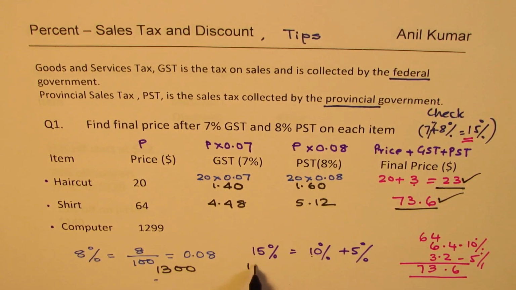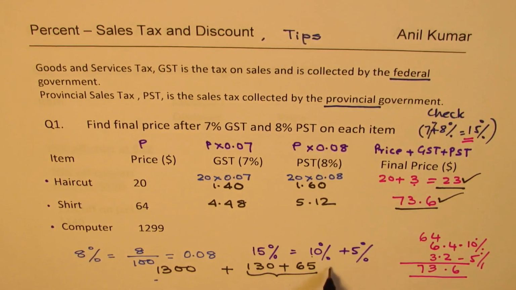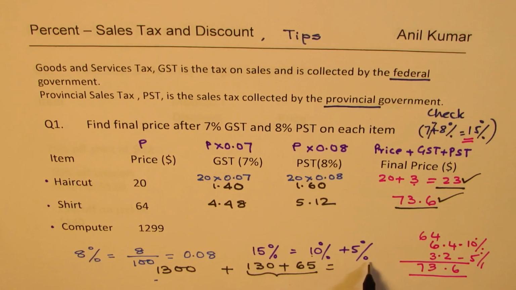So it'll be 130, and half of 130 will be how much? So half of this will be 65, right? So total, you have to add this to get your result. So we get 5, 6 and 3, 9, and 1 and 3, 4, 1495.